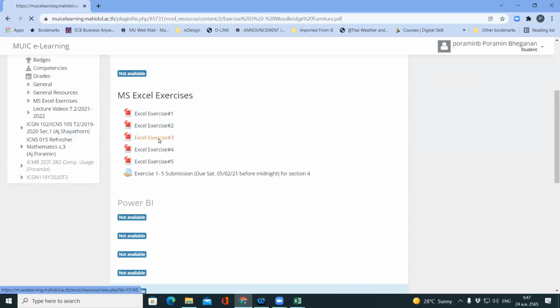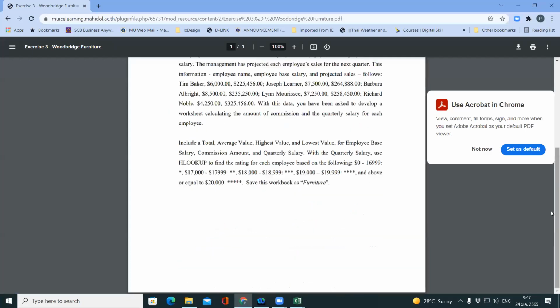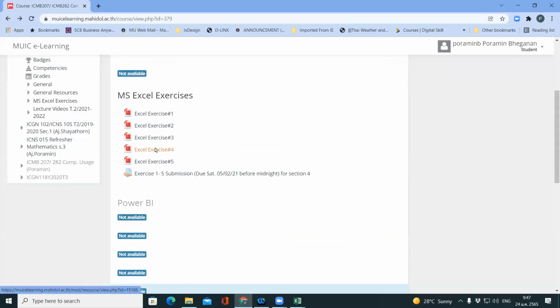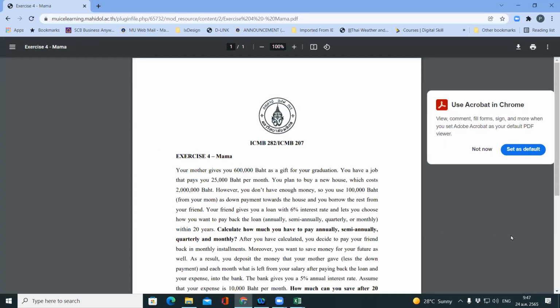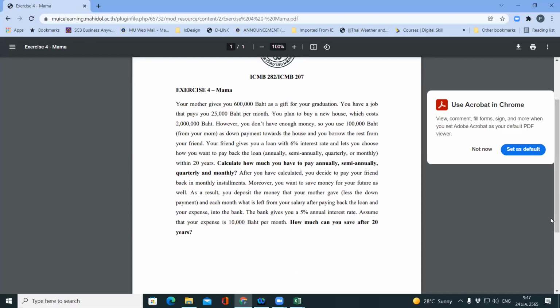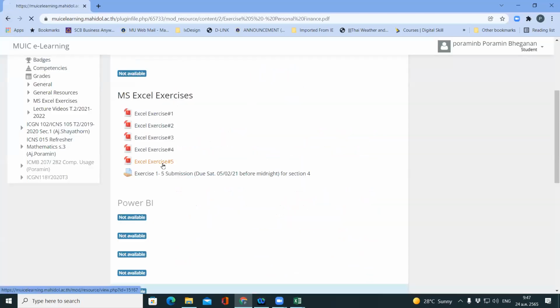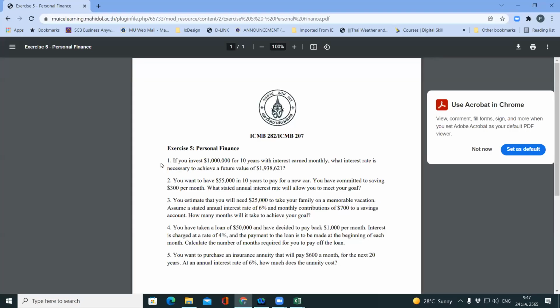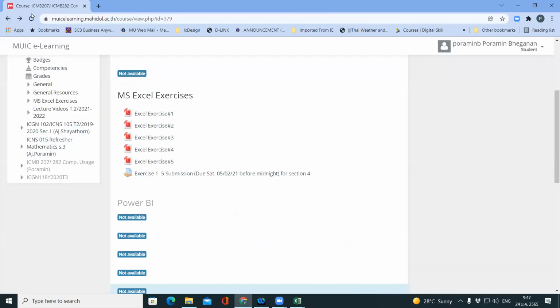For some other functions, for example if we are talking about exercises 4 and 5, in this one we talk about the financial functions that you can find. So I want you to start doing exercise 4 as well as exercise 5 now.